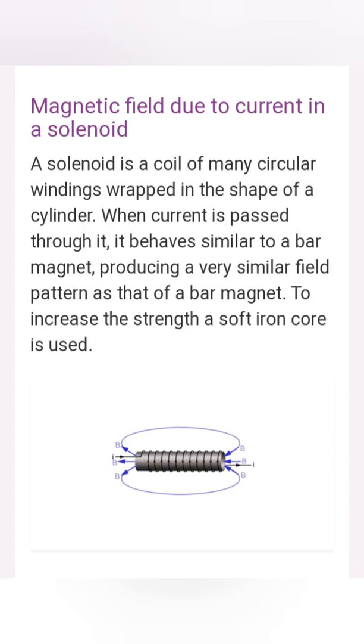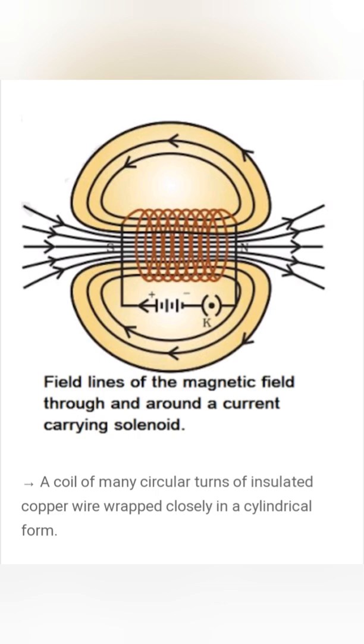A solenoid is a coil of many circular windings wrapped in the shape of a cylinder, and when current is passed through it, it behaves like a bar magnet. The pattern of the field is also similar to a bar magnet. You can see the field lines over here.